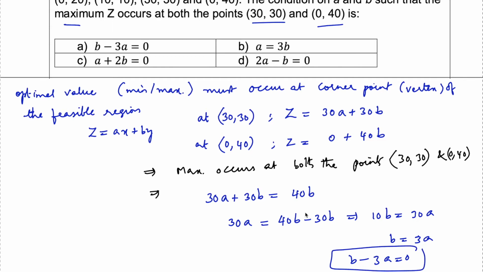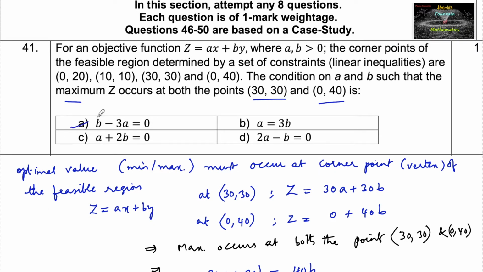So the relation between a and b can be found as b minus 3a is equal to 0, which is our option 1. So option 1 is the answer.